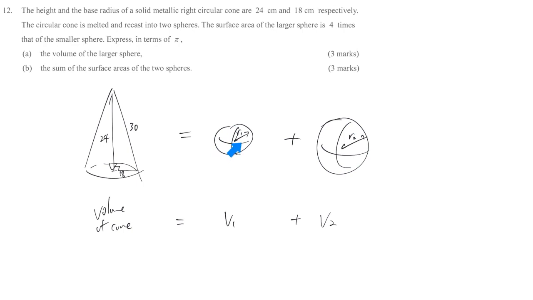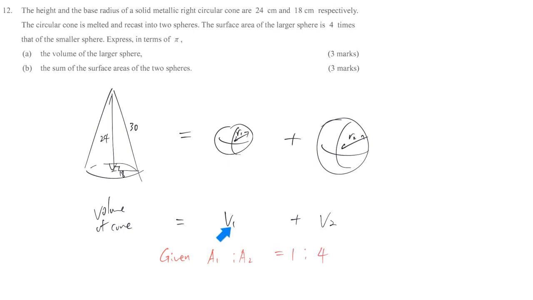They didn't mention anything about the radius, but they tell us the surface area ratio is 1 to 4 times. So we don't have the volume ratio directly, but they tell us the area ratio. So we intercept a little bit. Given A1 to A2 is equal to 1 to 4.